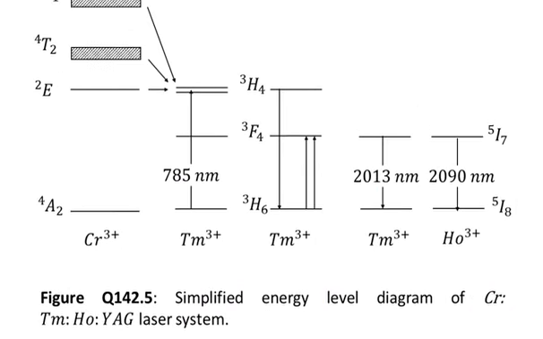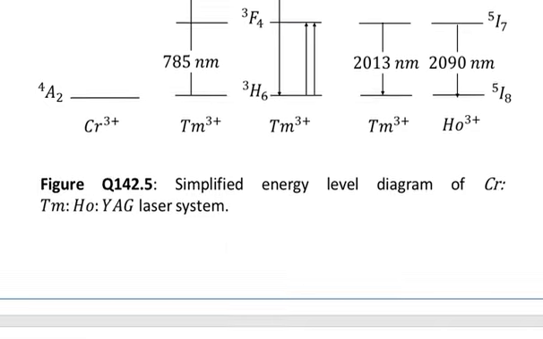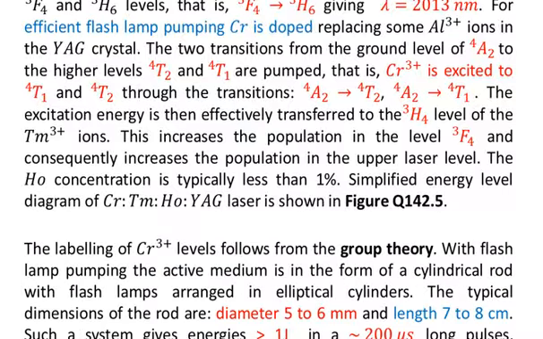You see that I have shown that the energy is efficiently transferred from these absorption bands to the level 3H4 of the thulium ion. So a large population gathers in the 3H4 manifold. This increases the population in the level 3F4 and consequently increases the population in the upper laser level.